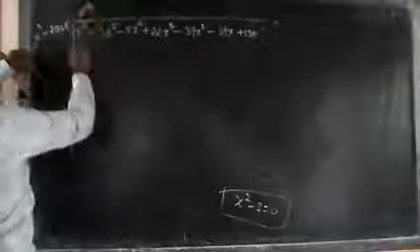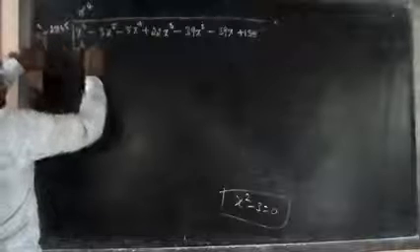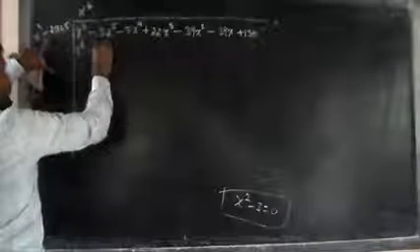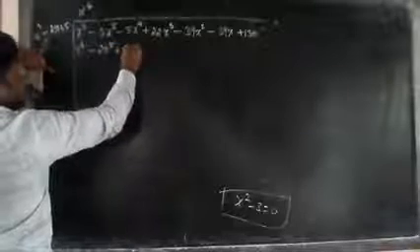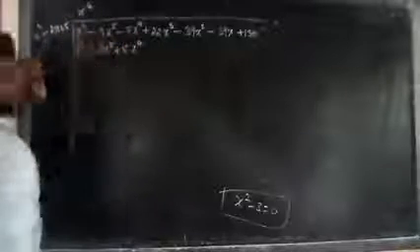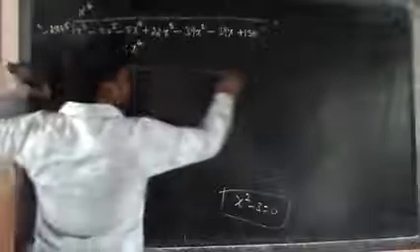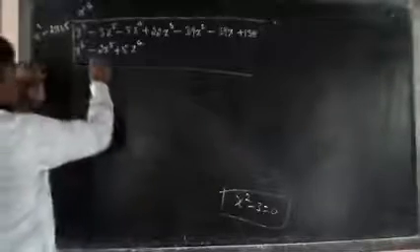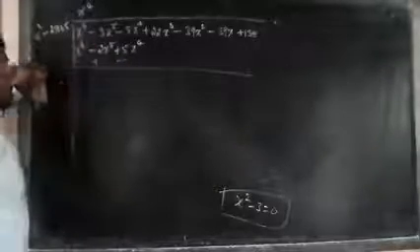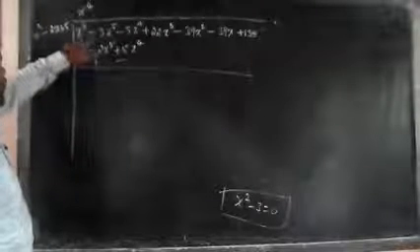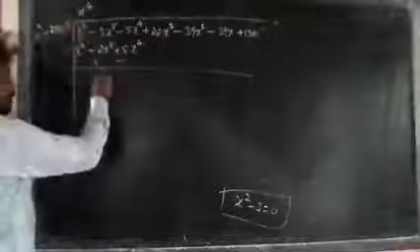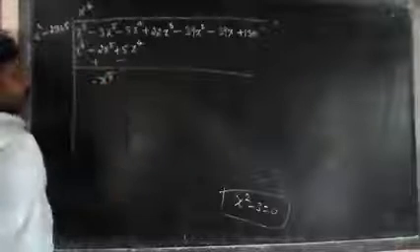X power 4 into x square is x to the power 6, minus 2 into x to the power 5, plus 5 into x to the power 4. You know how to multiply. Next step is we have to change signs. This is minus, this one is plus, this is minus. These two cancel. Plus 2x power 5 minus 3x power 5 is minus x to the power 5.